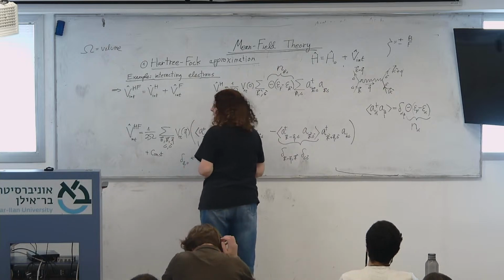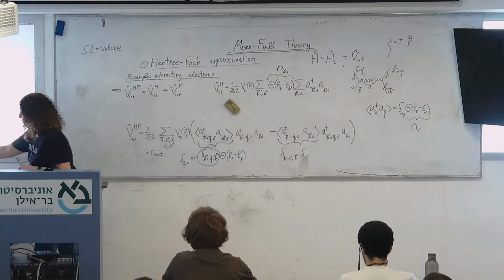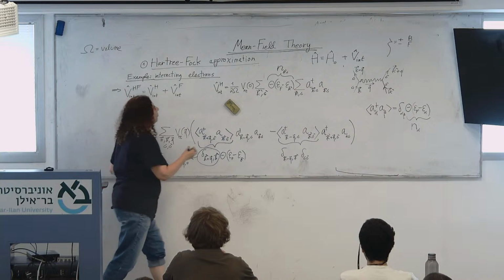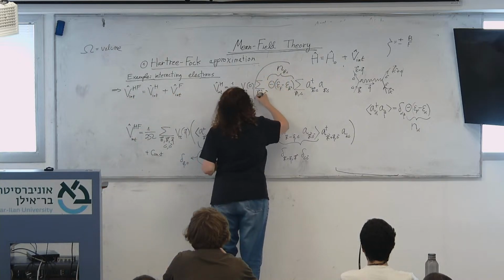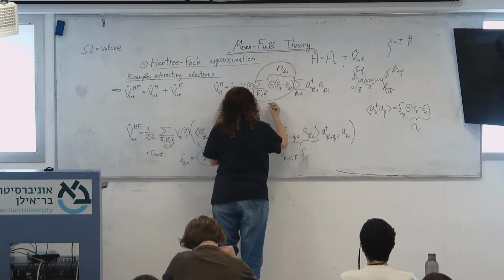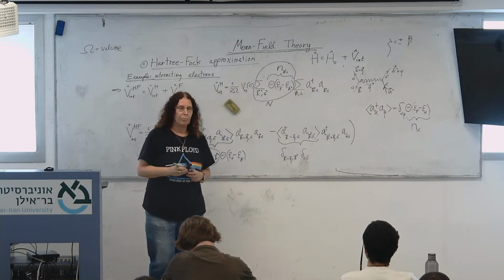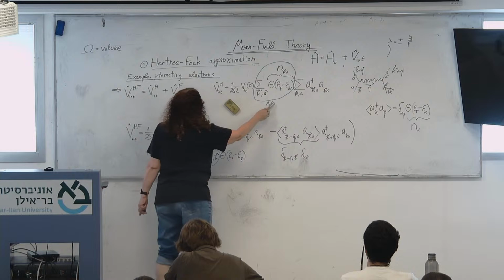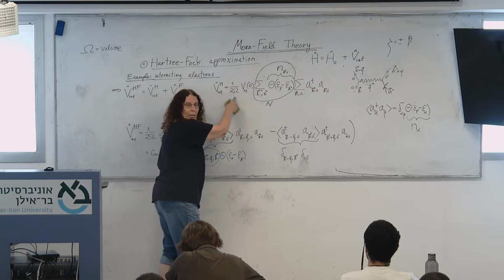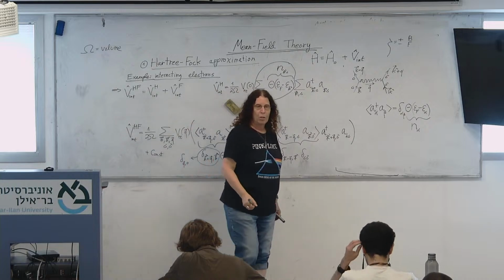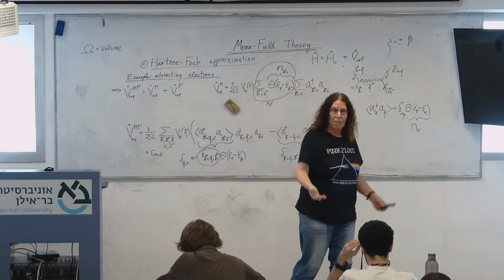Okay, so it is just n. Just the number of electrons. Actually, when I divide it by the volume, I get the density of electrons, which, as you know, in metals is a constant.